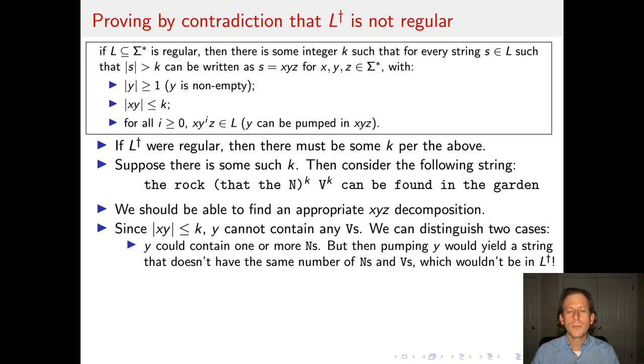If y includes one or more n's, then pumping y would yield a string that doesn't have the same number of n's and v's. So if we took y to the 0, then we have one less n than we have v's. If we took y to the greater than 1, we would have more n's than v's. So this would take us out of L dagger, because L dagger requires that the numbers of n's and v's are the same.